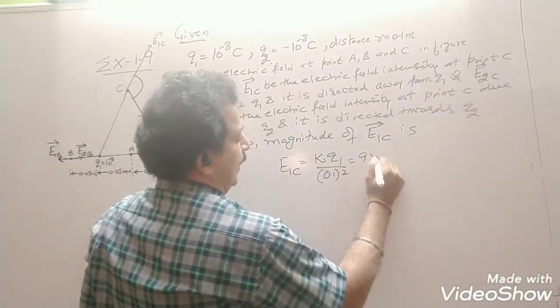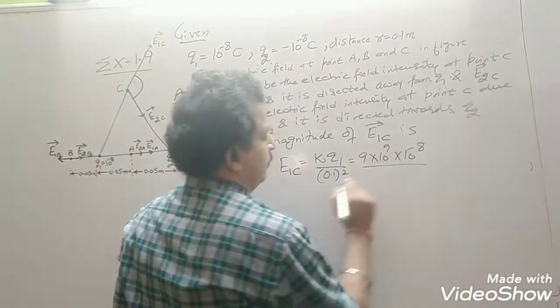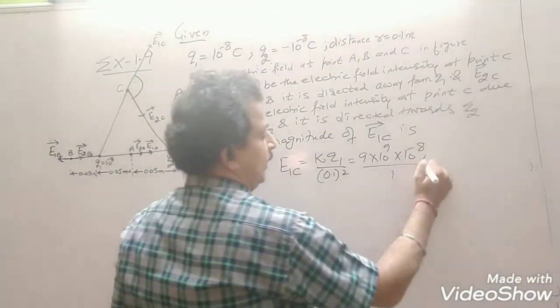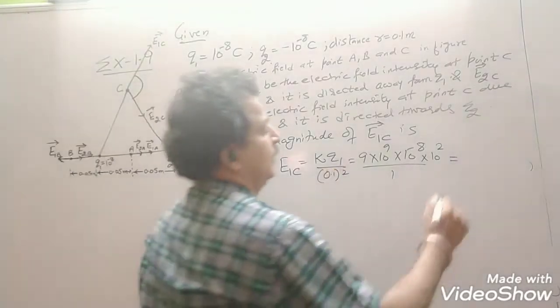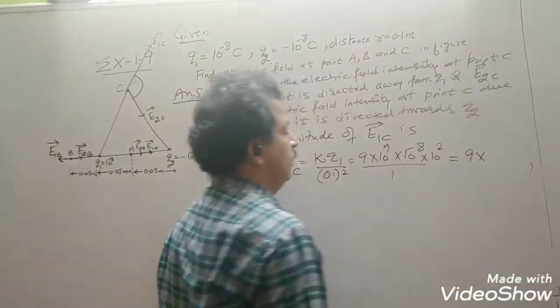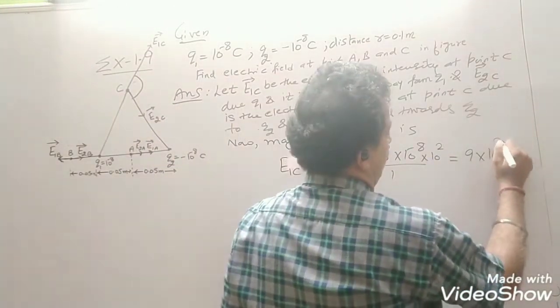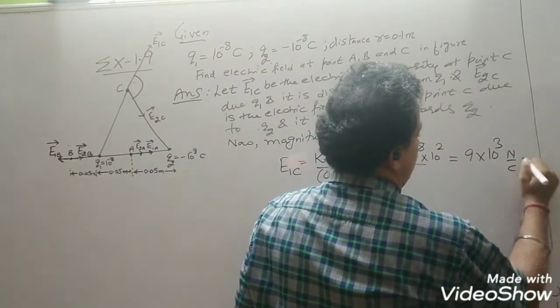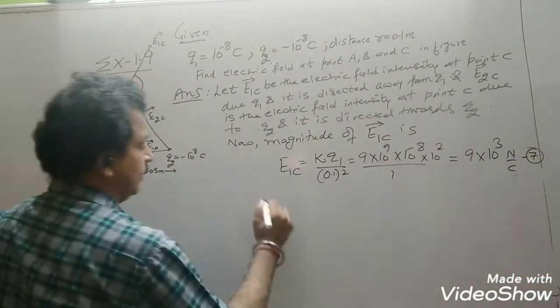So this is 9 into 10 to the power 9 into 10 to the power minus 8 upon 1 by 10 squared, that is 1 into 10 to the power minus 2, that is 100. So it is 9 into 9 minus 8, that is 10 to the power 1 plus this 10 to the power 3 Newton per Coulomb. This is our equation number 7. So 9 into 10 to the power 3.